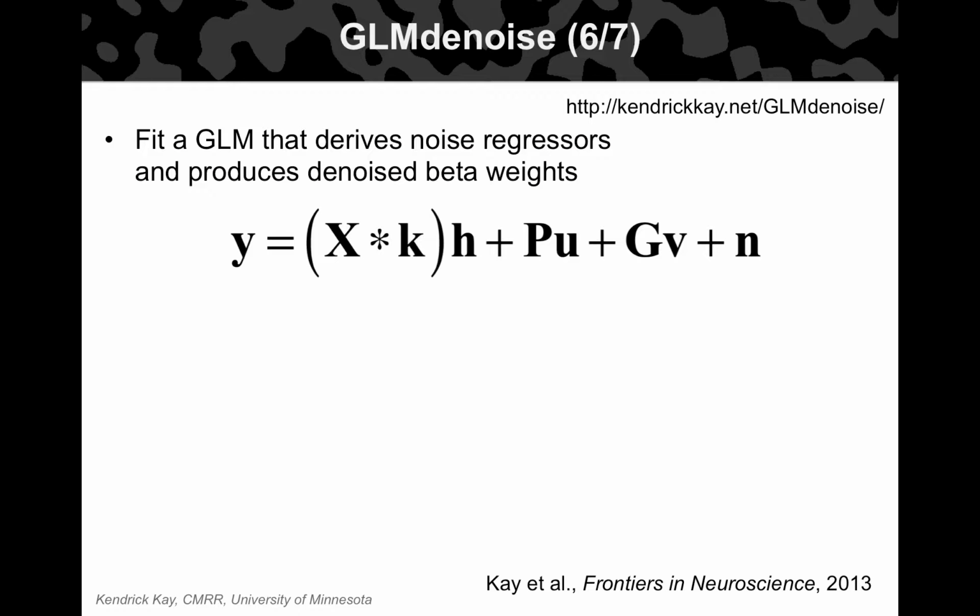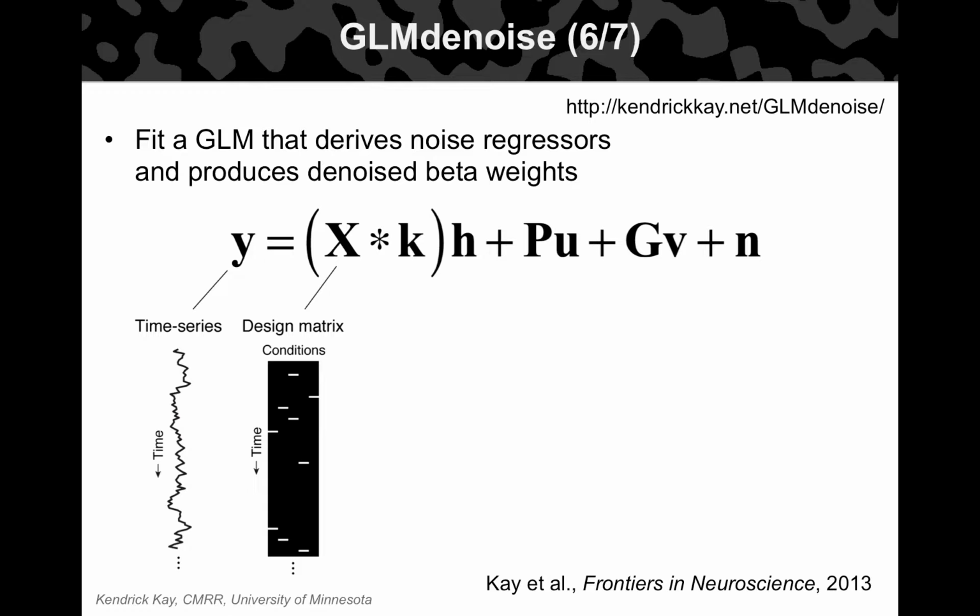So just very briefly, this is a regression model where we're using variables to symbolize different things we know. So y is the time series. This is just a review of what a GLM is. We have the observed fMRI time series, and we know the experimental design, and there's typically an assumed time course of the HRF. And what we're trying to estimate are the amplitudes, symbolized by H here.